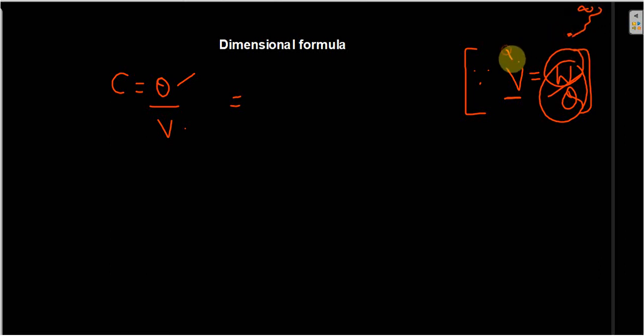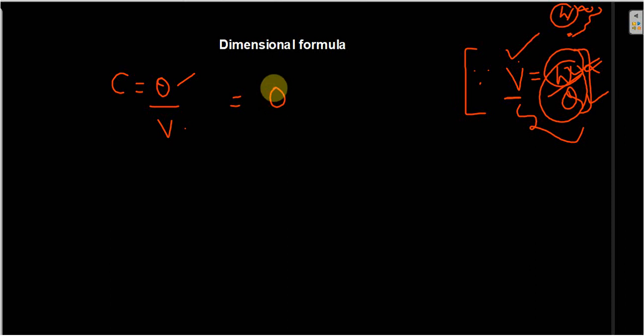So whatever work we have done to bring a charge from one position to another is the potential difference. So directly you can write V is equal to W by Q and substitute the value here.